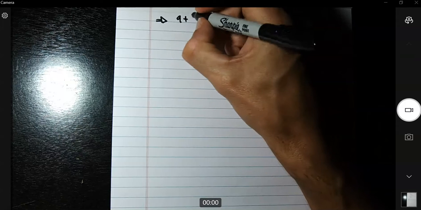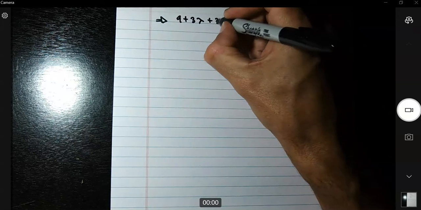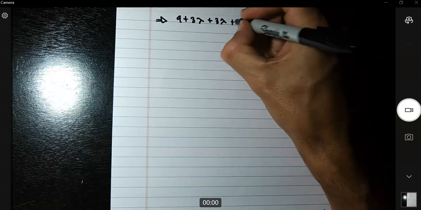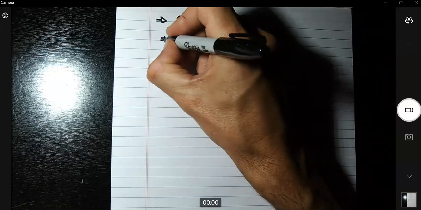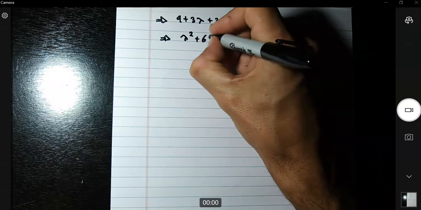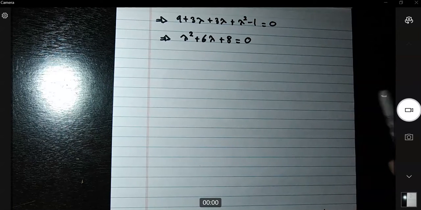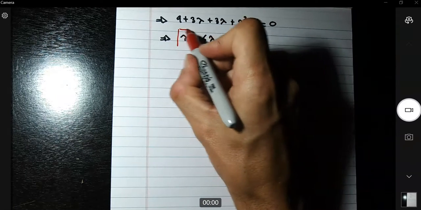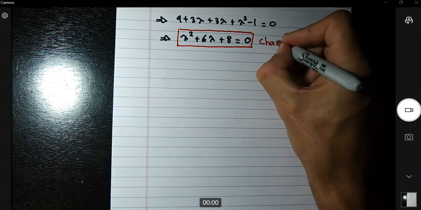If we expand that equation, we get 9 plus 3 lambda plus 3 lambda plus lambda squared minus 1 equal to 0, or lambda squared plus 6 lambda plus 8 equal to 0. And this is the characteristic equation.